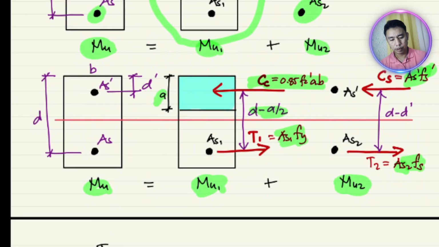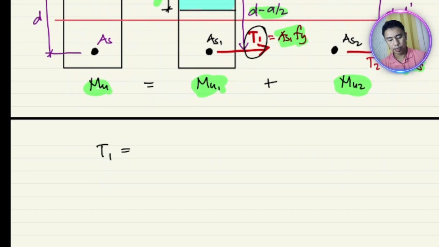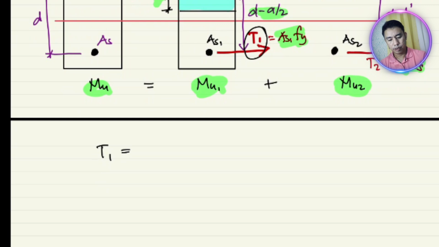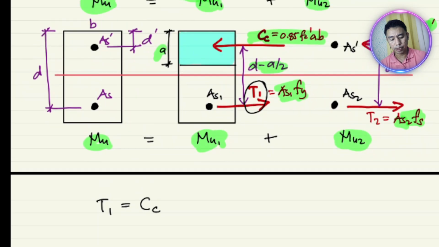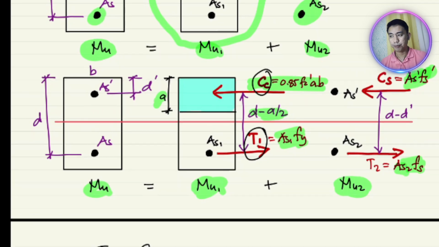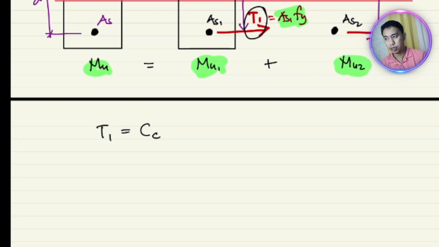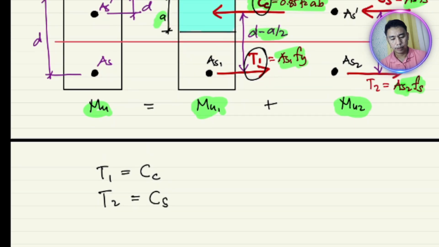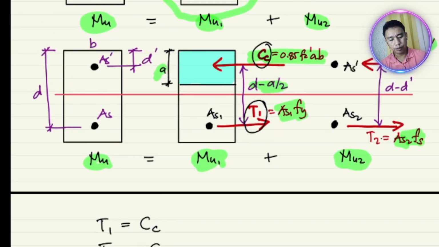Ito, if you can see here, T1, okay? So T1 is equal to the compression of concrete CC, okay? And then T2 is equal to CS. Saan yan makita? Ito yung T2 equals to CS.